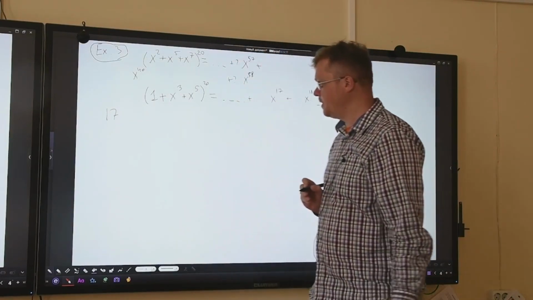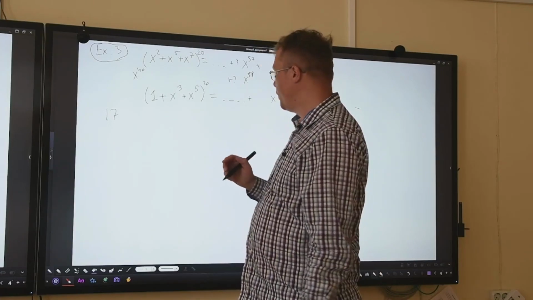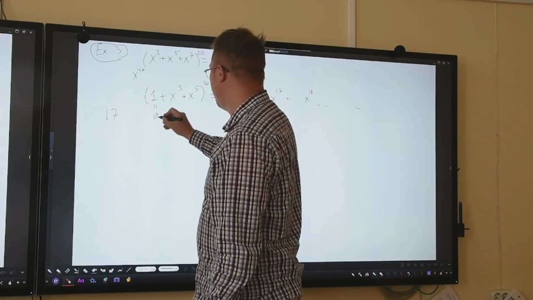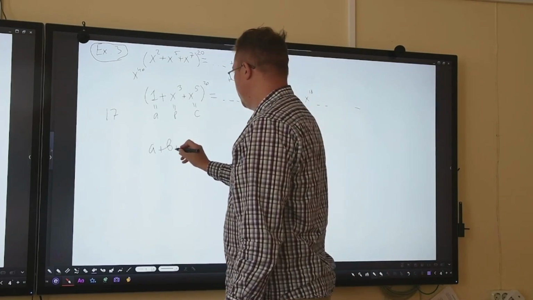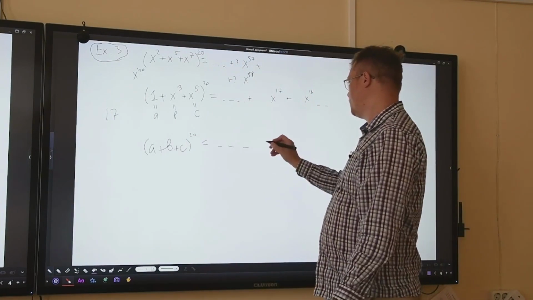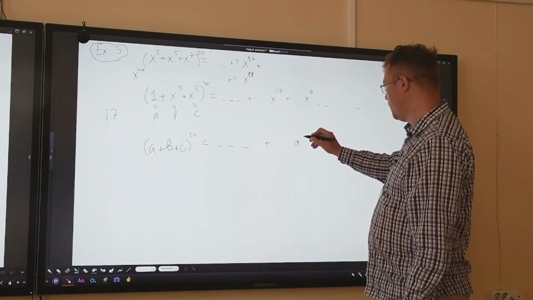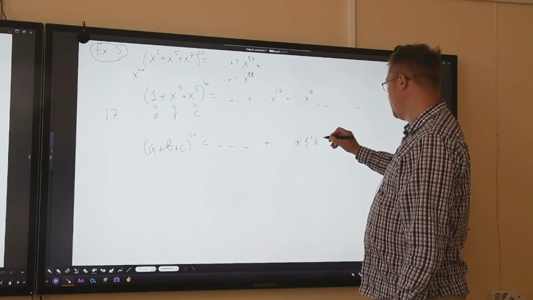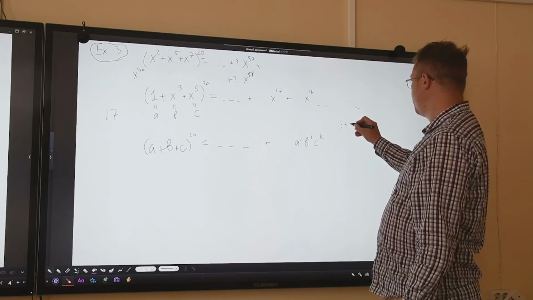So I want to denote this as A, this as B, and this as C. If I expand (A plus B plus C) to the 20th power, then we will have monomials like A to the power J, B to the power I, and C to the power K, where J plus I plus K is equal to 20.